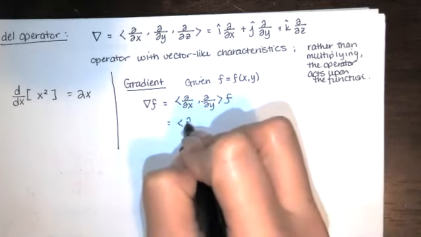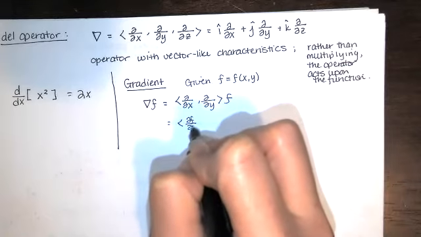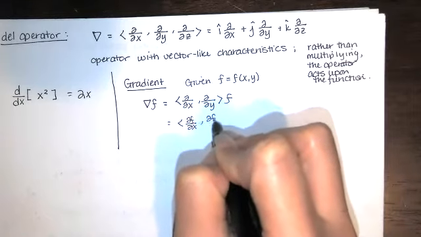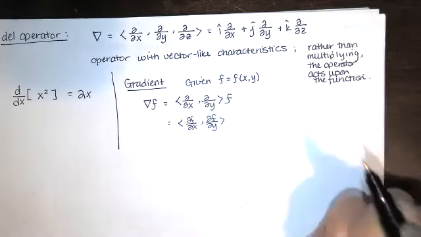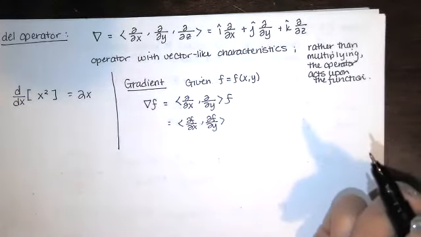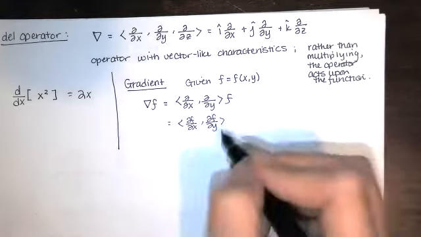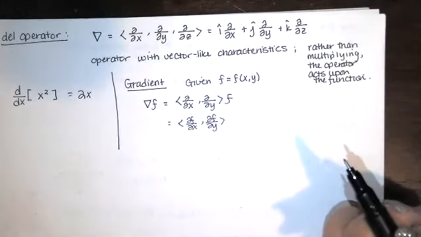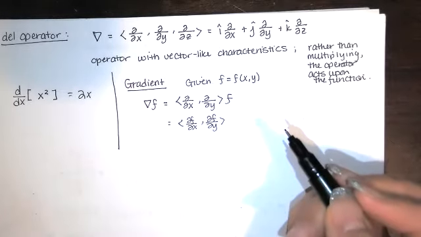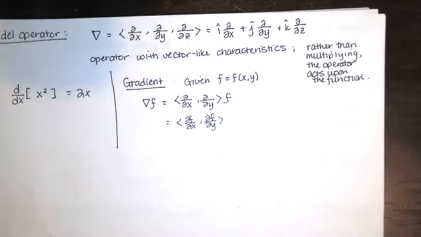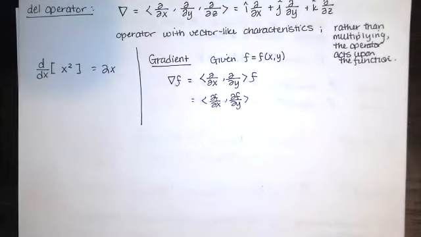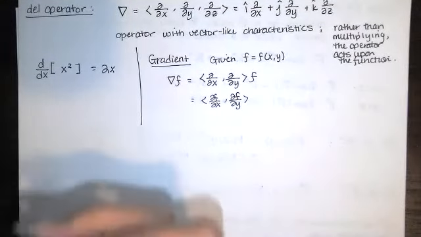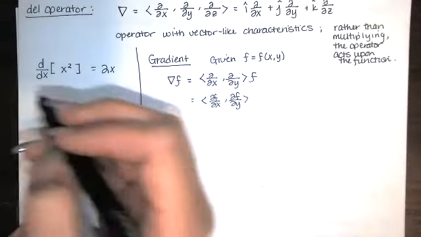So this becomes the partial of f with respect to x and the partial of f with respect to y, which, as you know, is the gradient function, pointing in the direction of steepest ascent or greatest increase of the function. And then if you want the slope or the instantaneous rate of change of the function at that location, you just take the magnitude. Okay, so that is one operation with the del operator.